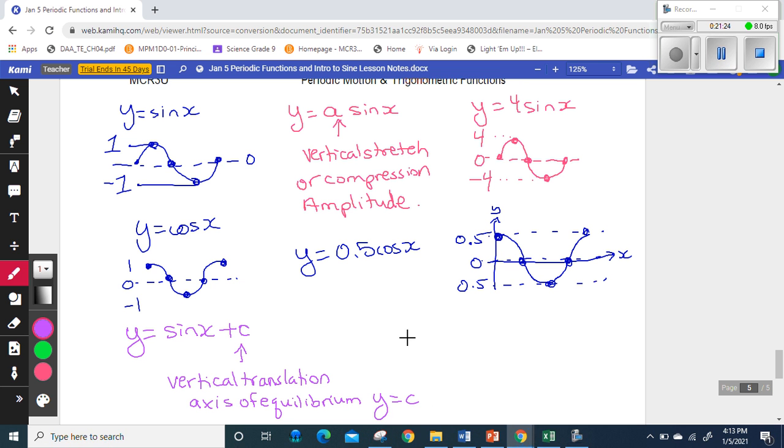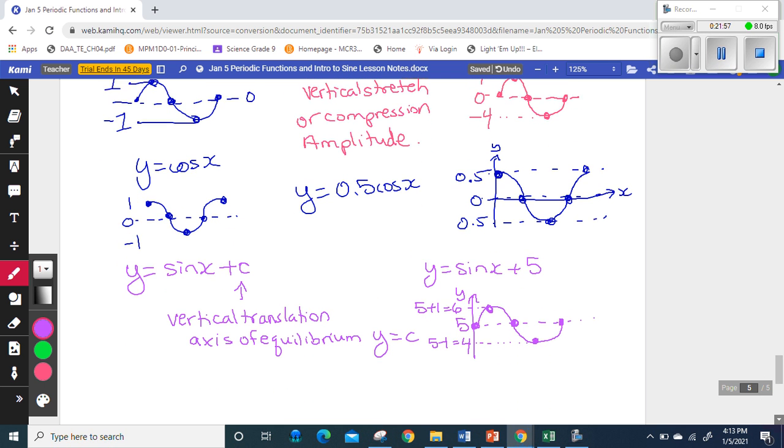So when I go to graph it, let's say I have y equals sine x, I don't know, plus 5. So there's my y-axis. There's 5. So that's what I'm going to bounce around. So my curve is going to bounce around it. And then I know my maximum has to be +1. So 5 plus 1, well, that's 6. And bring it down 1. So 5 minus 1. So my minimum is going to be at 4.